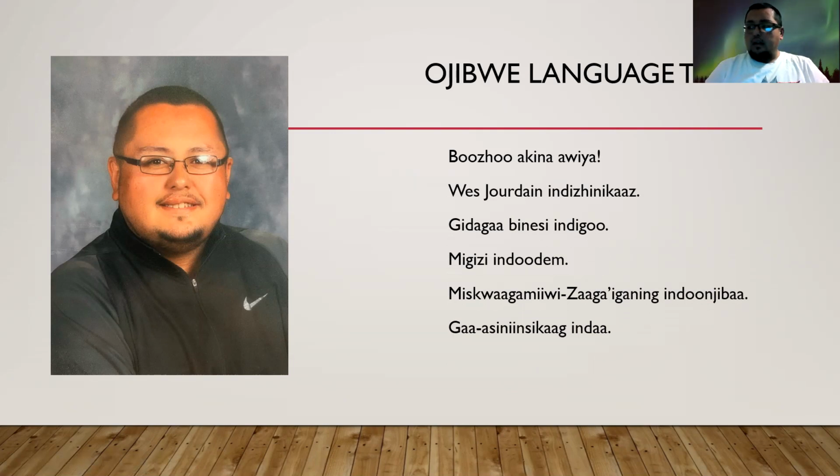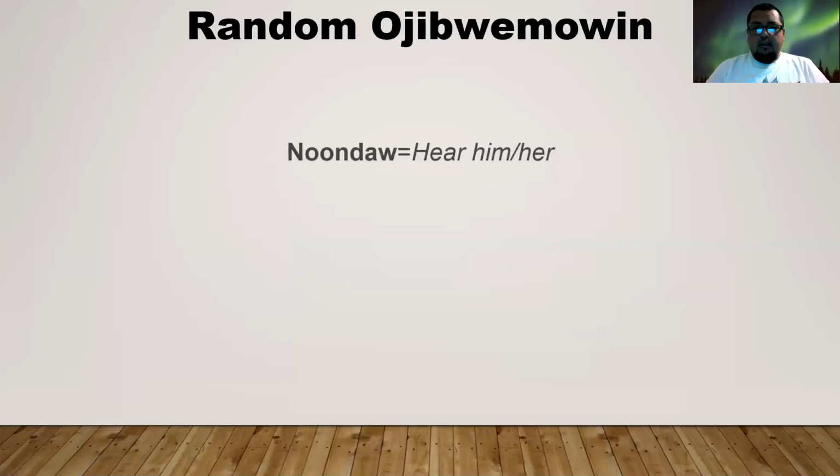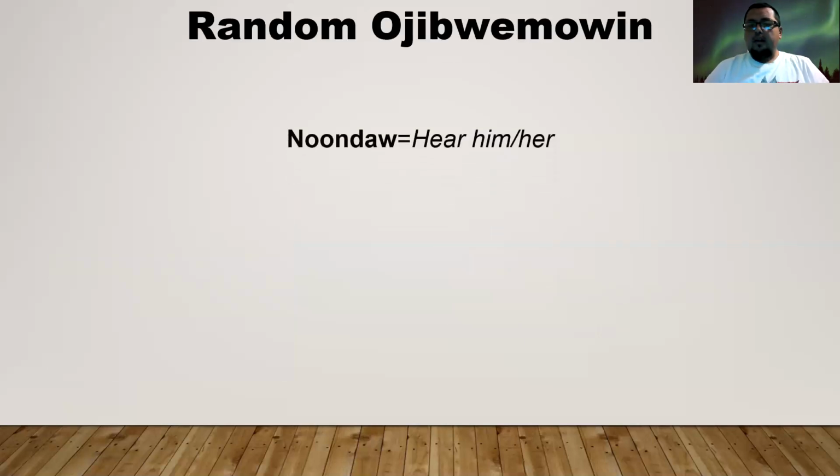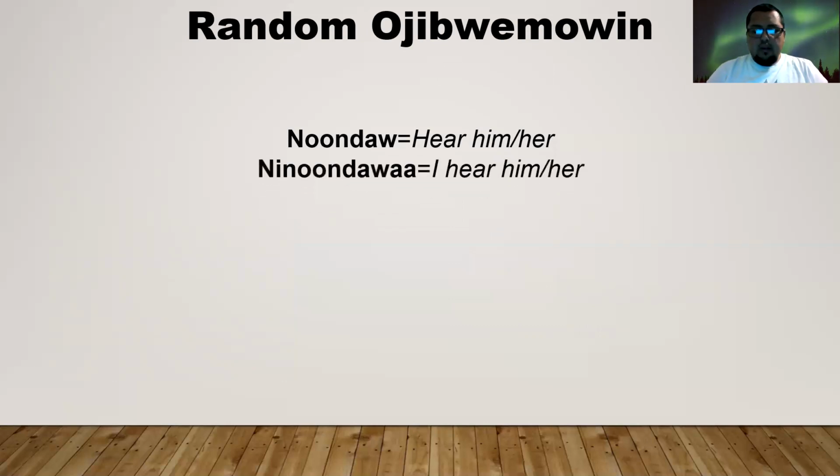So, anin, hello, bonjour again. Welcome back. We are going to work with the word noon dao. Like I said in the opening credits, noon dao, hear him or her. Nindoon dawa. I hear him or her.